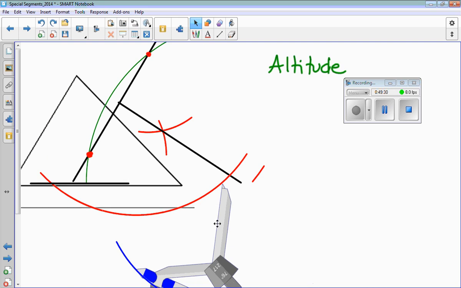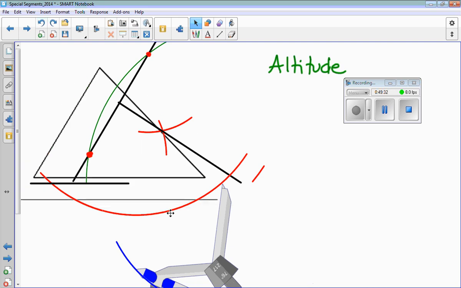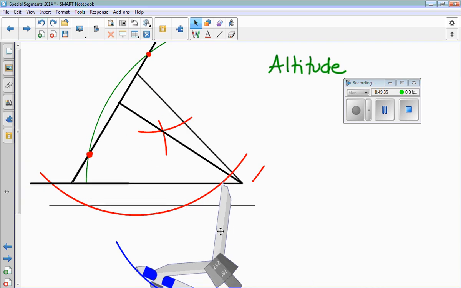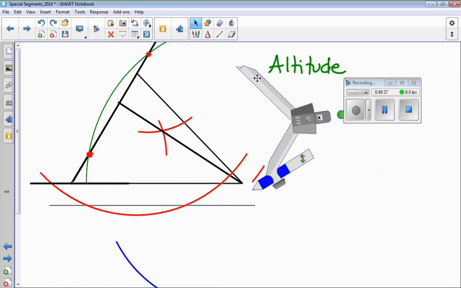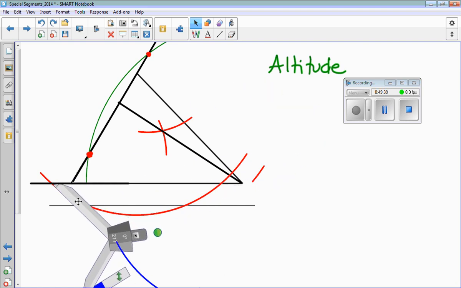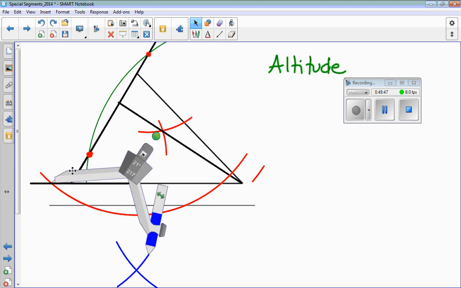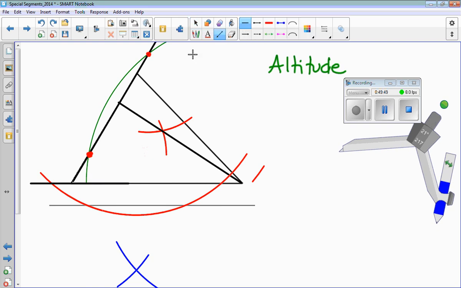Take my compass, there we go, and make it over here. Always nice when it works. There we go. Make my arc down here. And then I'll connect those from the vertex of the triangle through that point.